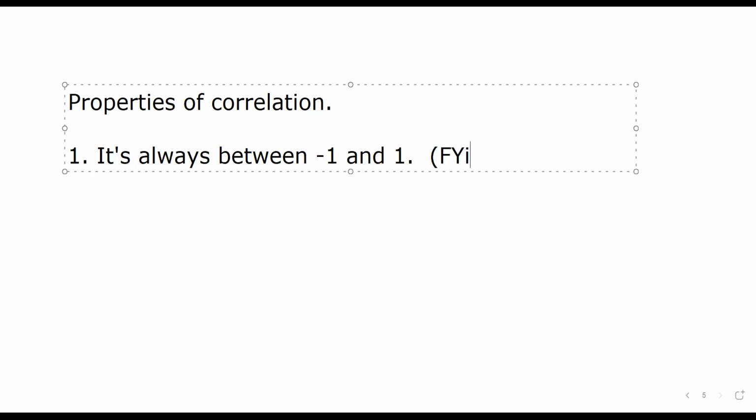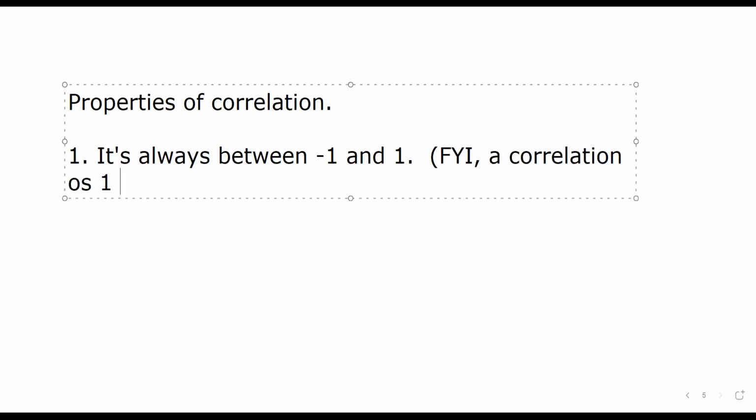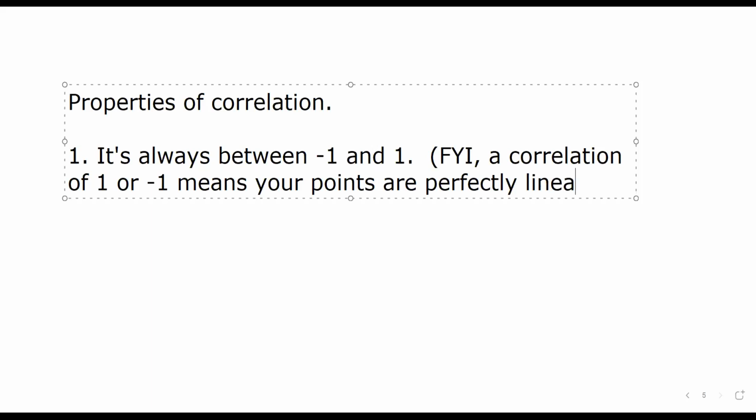This rarely ever happens, but just as an FYI, a correlation of 1 or -1 means your points are perfectly linear. In other words, they all lie on a single line. That is statistically impossible, but from a theoretical perspective, that's the only way you can get a correlation of 1 or -1: if every point is collinear, to borrow a geometry word.